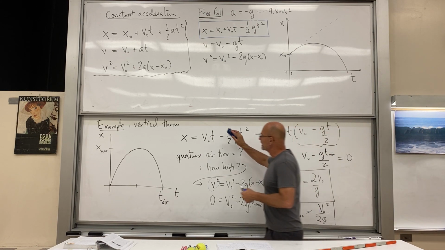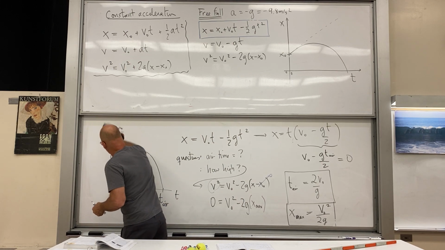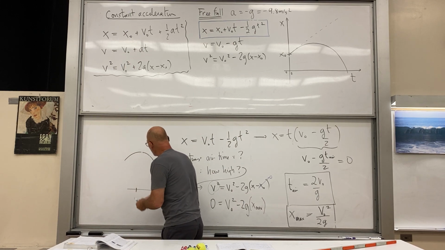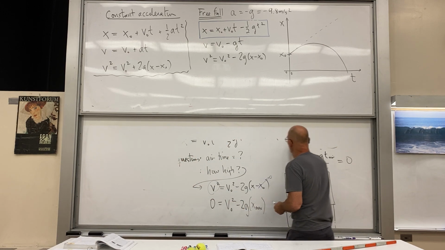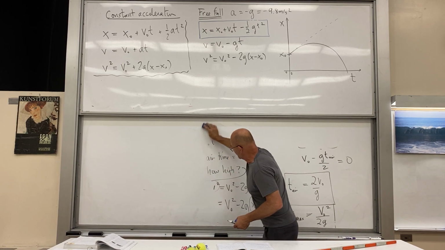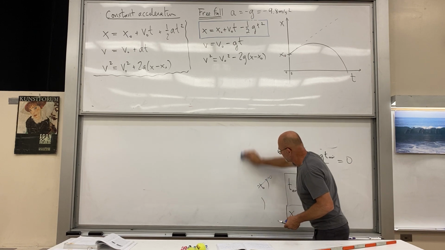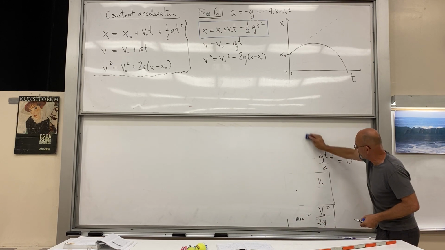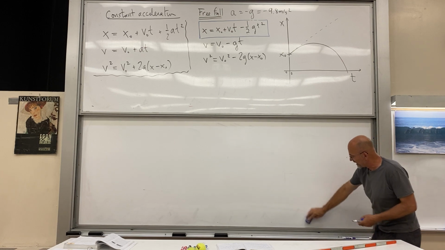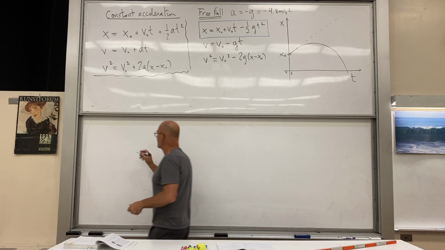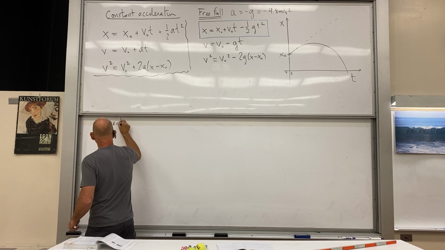I will erase and do the same example with a slight twist. So we're still doing the vertical throw. I want to illustrate something that I just mentioned. So vertical throw once again.